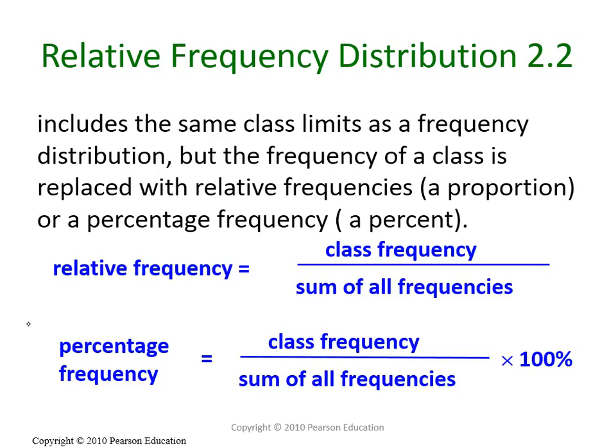So I need to know how it is in comparison to the rest of the values, how it is in comparison to the total. So one way you can do it is just as a proportion. Well, 5 out of 50 tells me that 1/10 of those values came from spent less than $10.